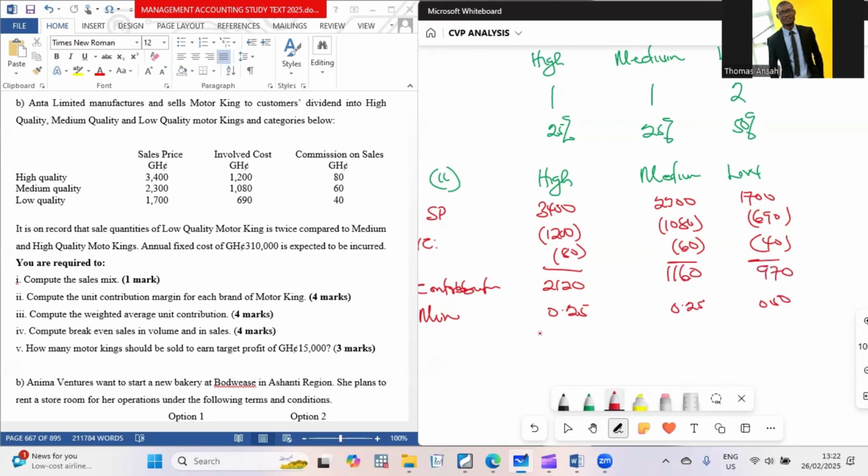Multiply by 0.5, this one will give me 485. And 2,120 multiplied by 0.25 gives 530.